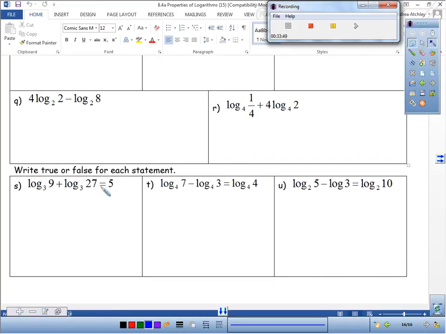Last ones I want to check to see if these are true or false statements. So everyone try and see if these are true or false.